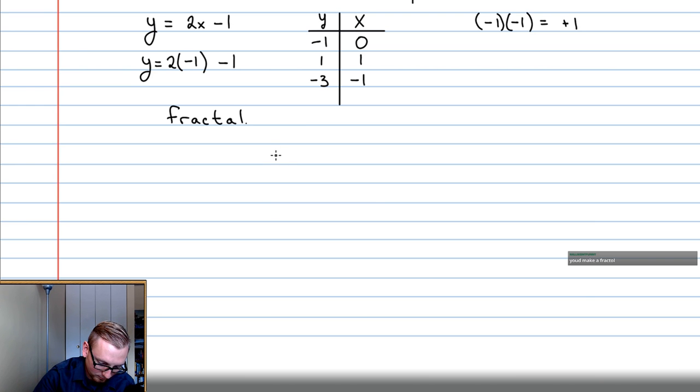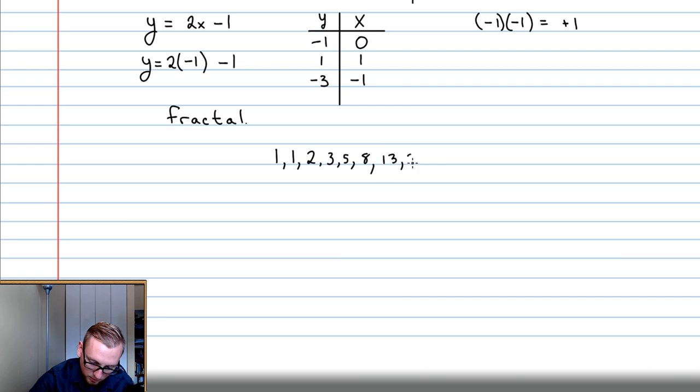Starting with 1 and 1, 1 plus 1 is 2. The next is 1 plus 2, which is 3. Then 2 plus 3 is 5, 3 plus 5 is 8, 13, 21. You get the picture. It just goes on forever.